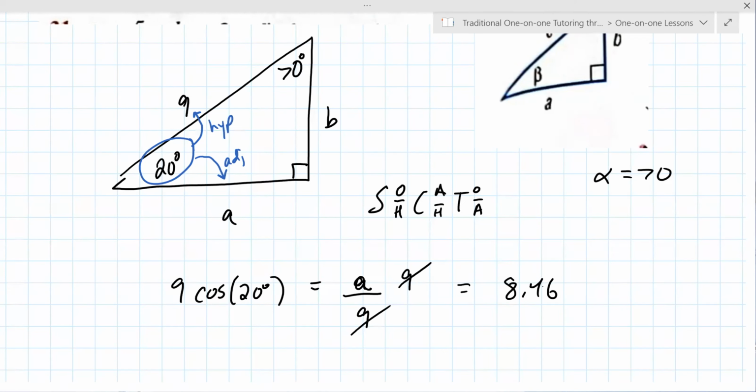And then we do the same. So I want you to find B, and I'll give you the option. Either use the sine, cosine, or tangent, or you can use Pythagorean theorem. Whichever one you want. I'm gonna use sine cosine tangent.